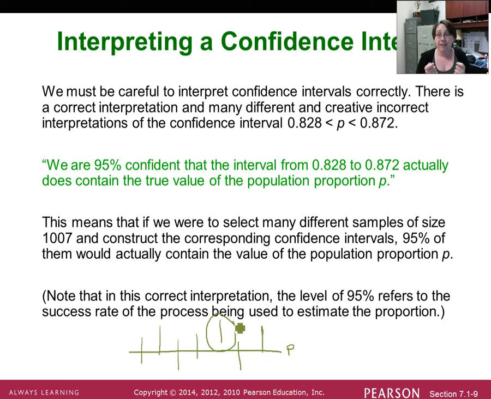We are 95% confident that the one we pick will have our P in it, because we know there's some chance out there, like the one I circled, that doesn't have it. So there's a chance that your interval will not be correct at approximating P, but you have a 95% level of confidence. That's very good.